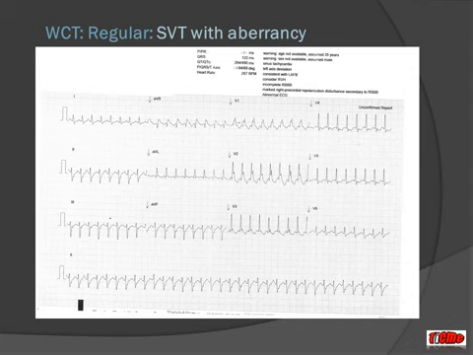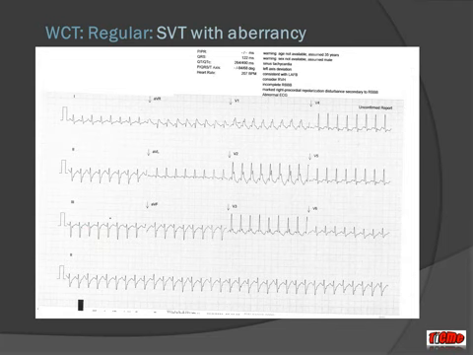It's interesting that there are two differential diagnoses though. The first is that this is an SVT, a paroxysmal SVT like AVNRT with a rate-dependent right bundle branch block. Now, that could be the case because remember what we saw, these pseudo-S waves, so that could be a short RP tachycardia.